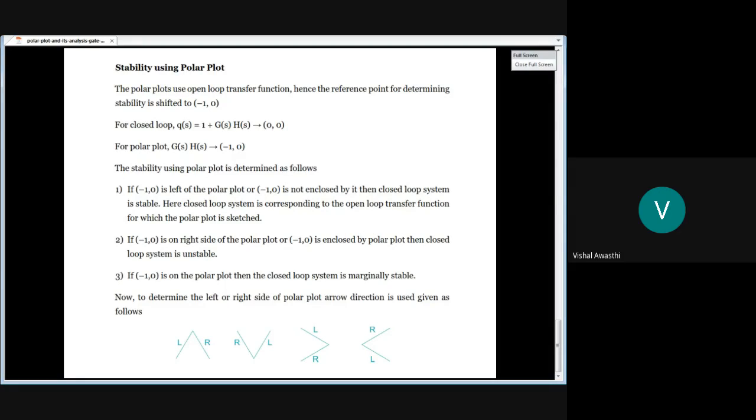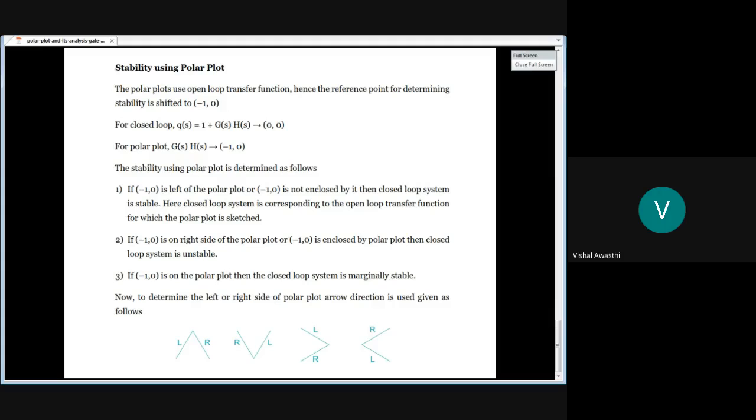If it is not enclosing, it means -1, 0 is not coming inside your plot, then your closed loop system is stable. Else if you drew the plot and the -1, 0 point comes inside that plot, then you can say this system is unstable.